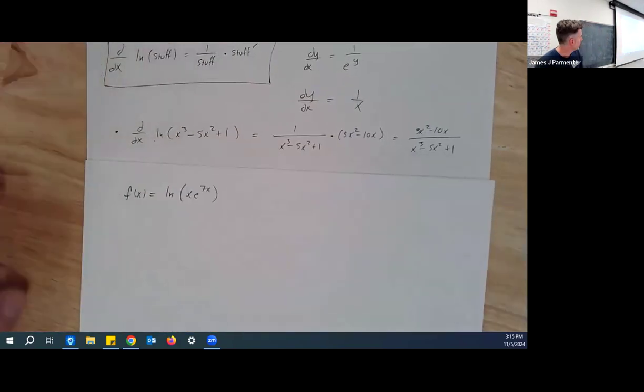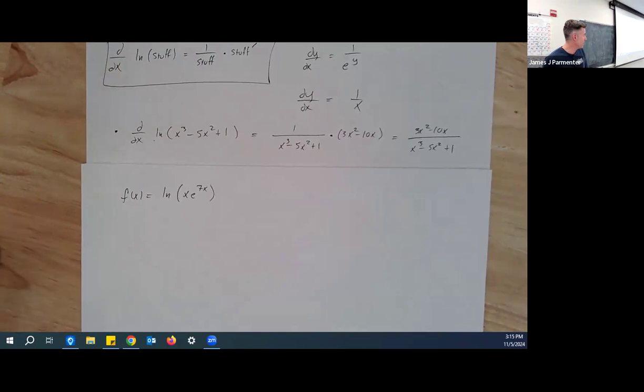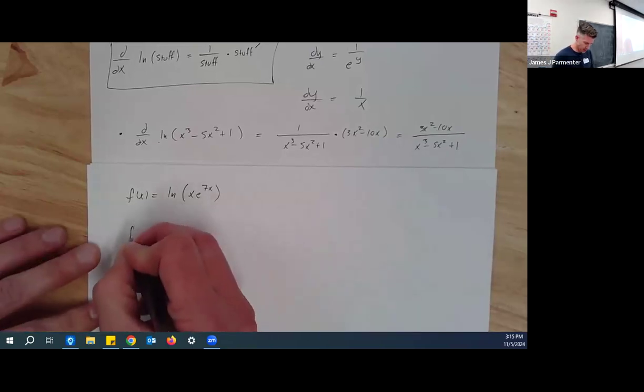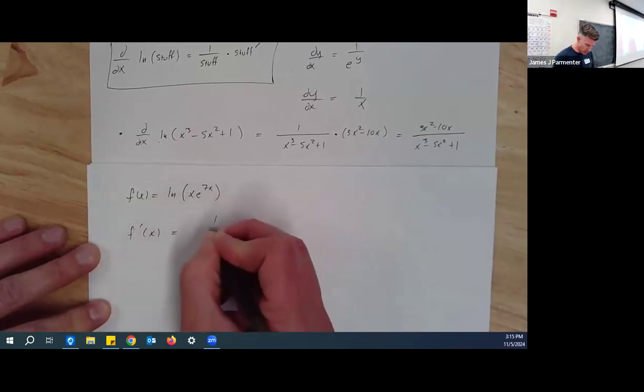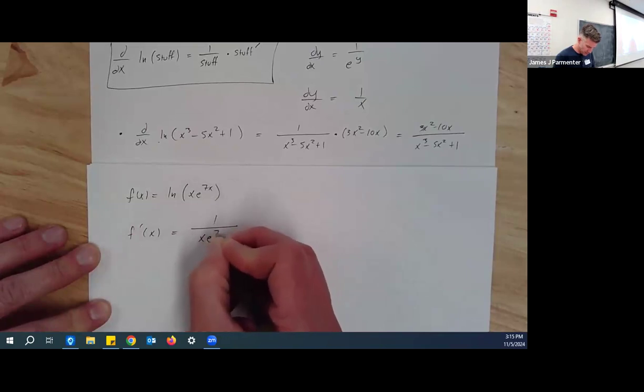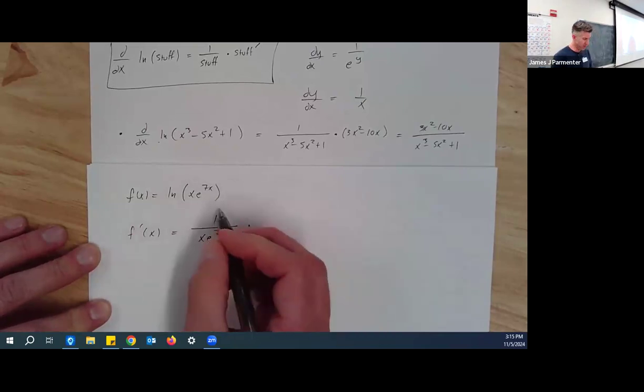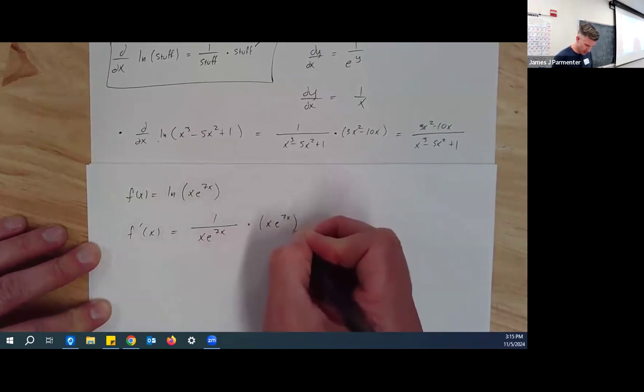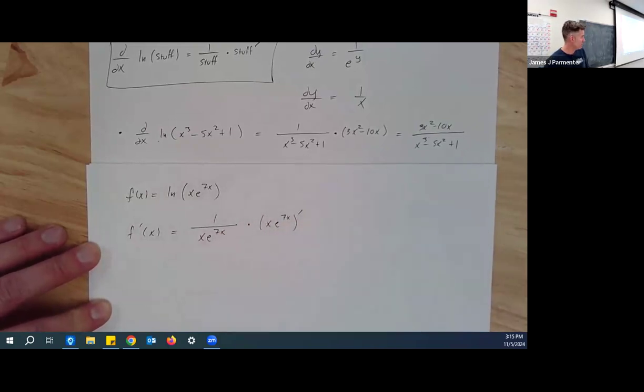And I want to point out, as I've mentioned many times already, it's almost always going to be to our benefit to simplify first. We could do this the long way. We could say, okay, the derivative is going to be 1 over the stuff. And then you're going to multiply by the derivative of all that stuff, which means we're going to have to use the product and the chain rule.